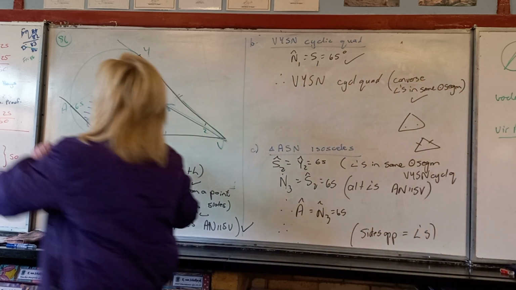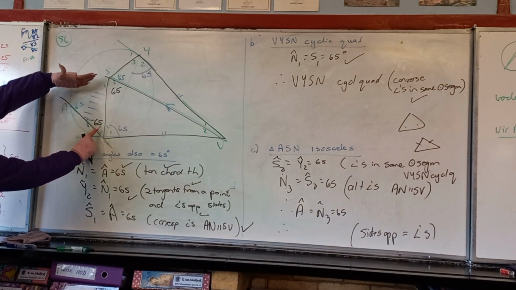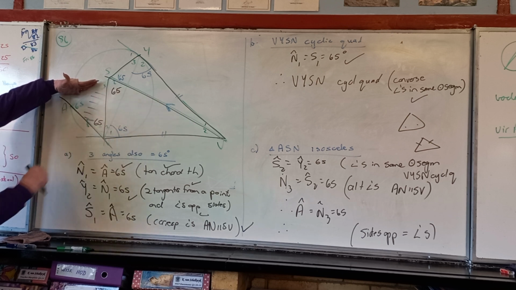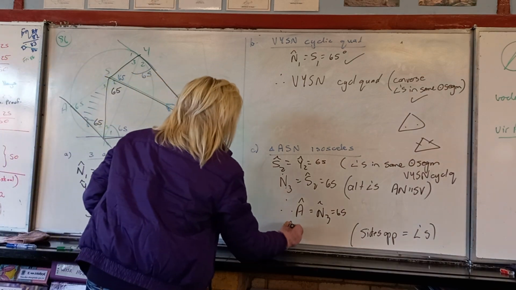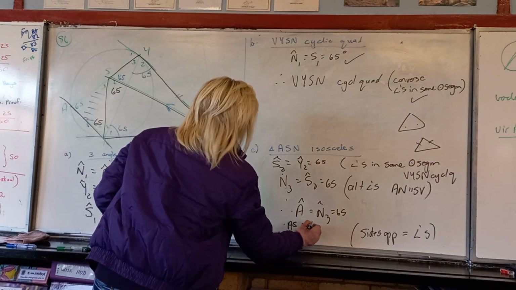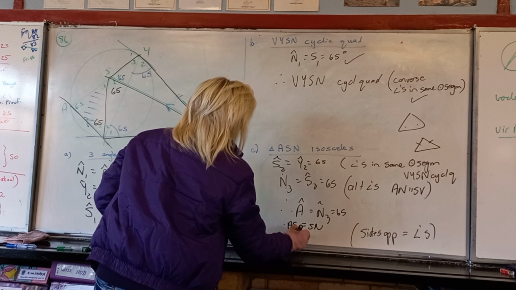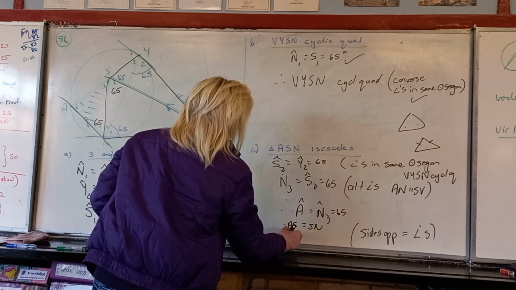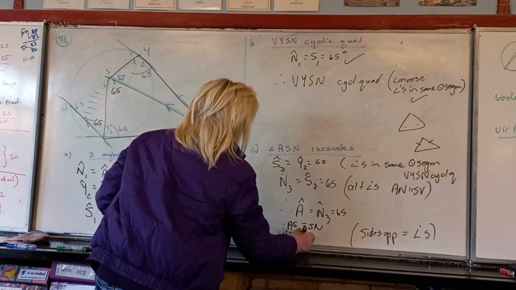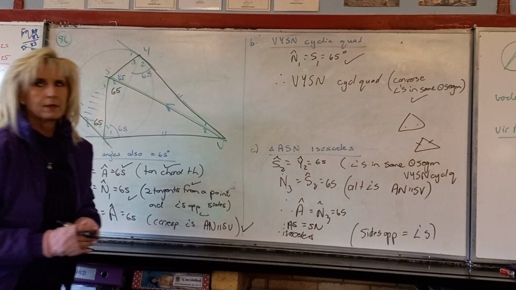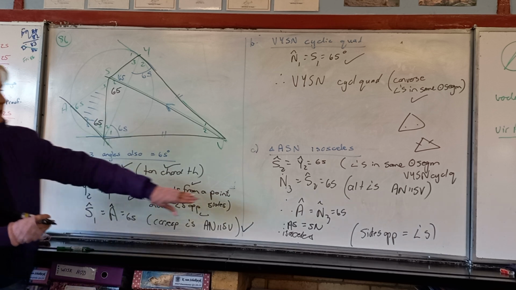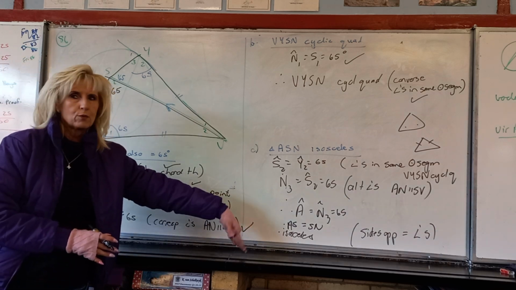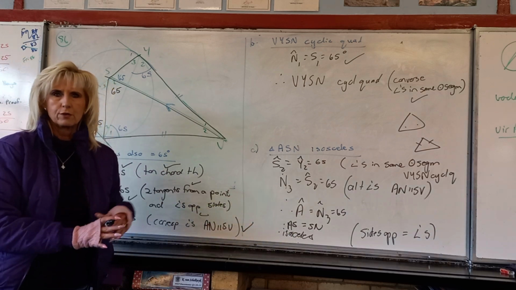No, I'm wrong. These are the equal ones, it would be AS and SN. But did they ask me that? If you don't add that in, that's fine. But you could say AS is equal to SN, making it an isosceles triangle. Okay, it's not written in stone the way that you should write it over there. They didn't say which sides are equal, maybe you should add it. It's not really necessary.